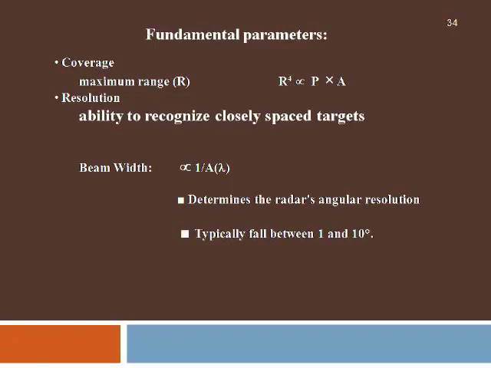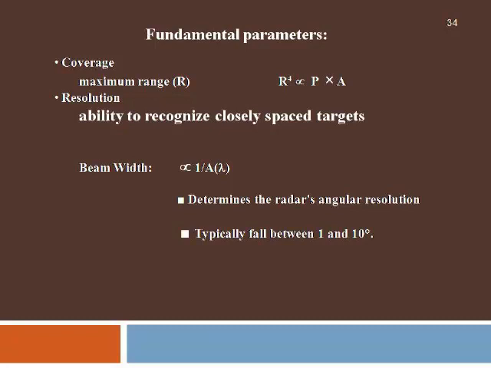Then the second parameter of interest is the resolution. What do we mean by resolution? It is the ability to recognize closely spaced targets. Here the beam width of the antenna comes into the picture, and the beam width is inversely proportional to the area of the antenna in terms of wavelengths.